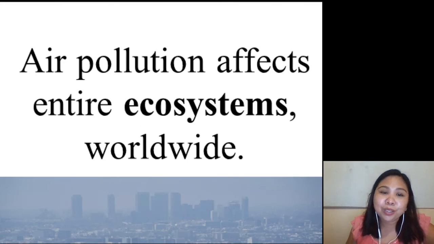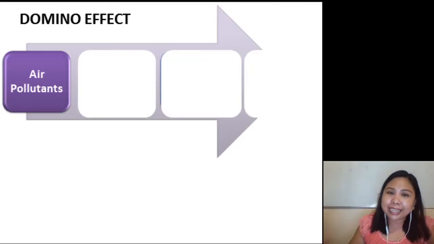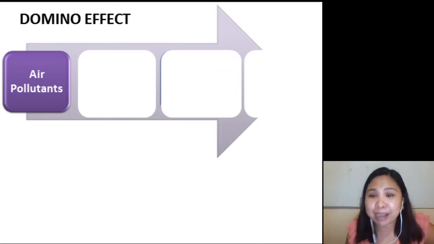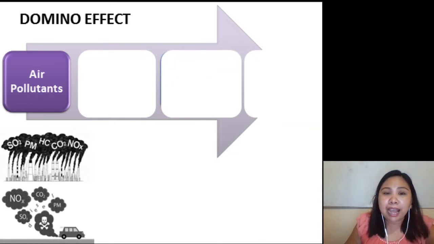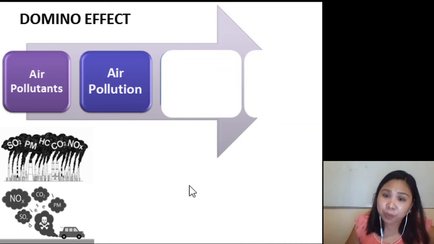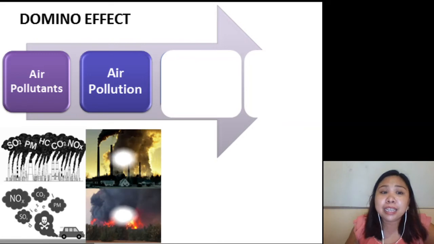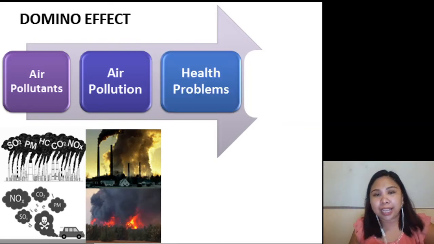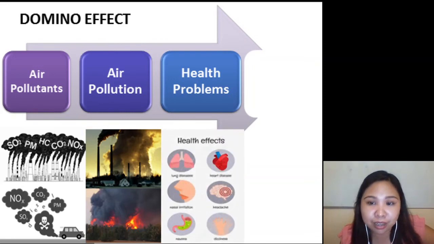So, of course, like nung pagtaas ng greenhouse gases, meron din pong domino effect ang pagtaas ng mga air pollutants. First of all, pag mataas ang air pollutants, ano ang magiging effect nito? Of course, tataas yung rate ng air pollution. Magiging polluted yung ating air. At once na polluted yung ating air, it will lead to different health and environmental issues.